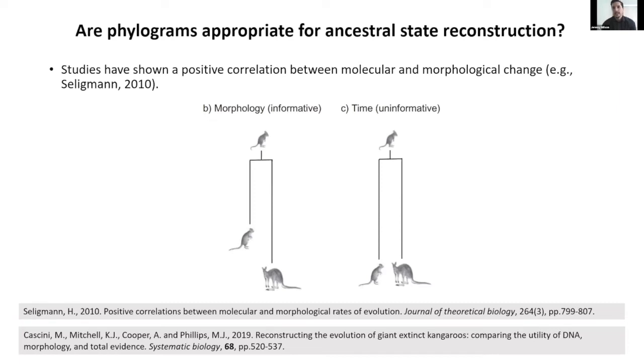But the reality is that we know that in some cases, molecular data and morphological data can be correlated. The rate of change in them can be correlated. And there are actually specific cases where it's been shown that reconstructions of body size on a morphological phylogram resulted in more accurate reconstructions than that done on a chronogram.